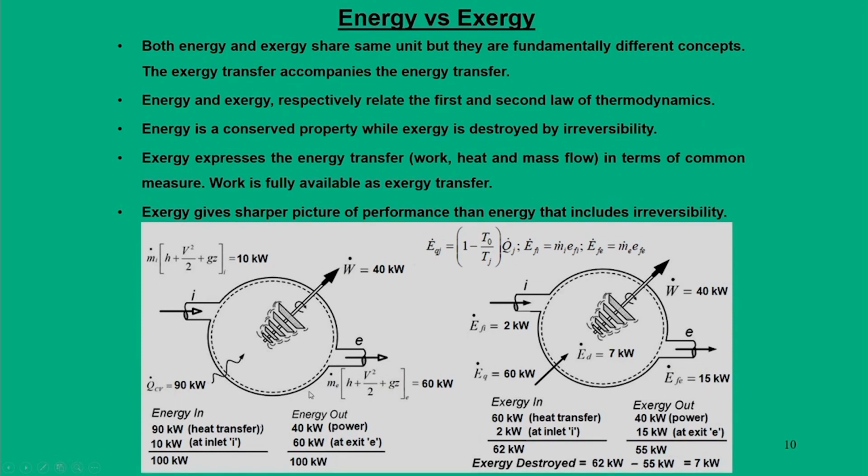First, we have Q_CV, which is exergy transfer as heat, 90 kilowatt, and if you calculate the corresponding exergy value with surrounding temperature T naught as 300 Kelvin and P naught as 1 bar atmospheric pressure, we can find its value could be maybe 60 kilowatt.